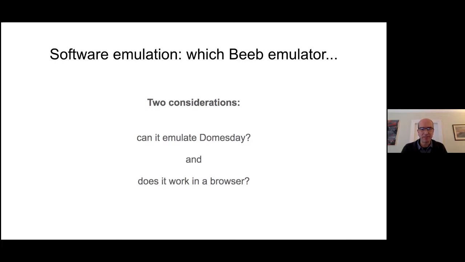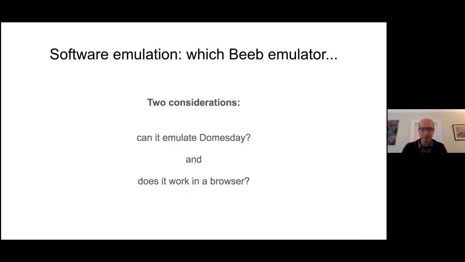Can it emulate Domesday, and will it work in a browser? And the great thing about the different BeebEm emulators out there, each one had a yes in different capacity to each one of those questions. I know the previous work on the Domesday emulation had used BeebEm, so I knew that was technically possible. And obviously the fantastic JSBeeb works really well in the browser.